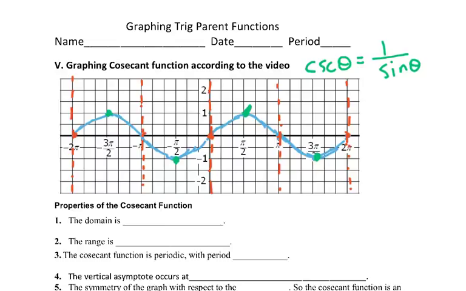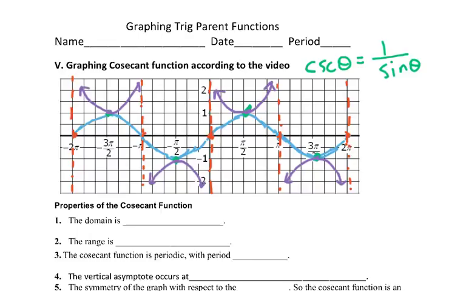Then when theta equals pi, cosecant theta will be undefined. That means a really big number. That's why I go this way, and keep going, it never touches. That's how you draw it.